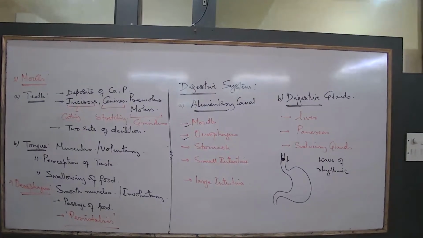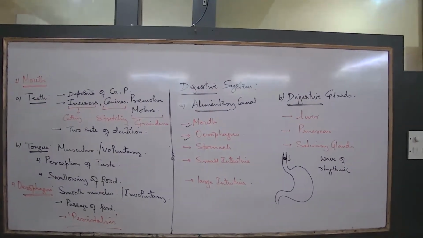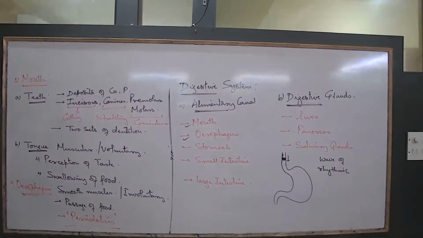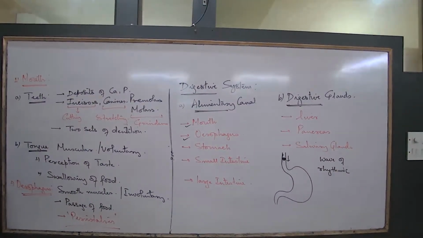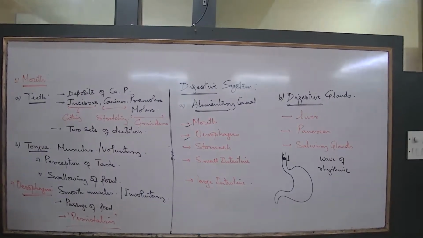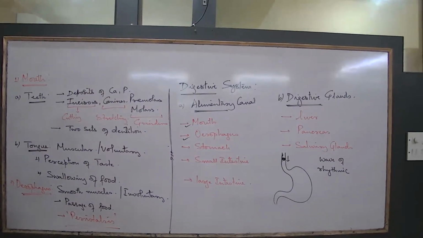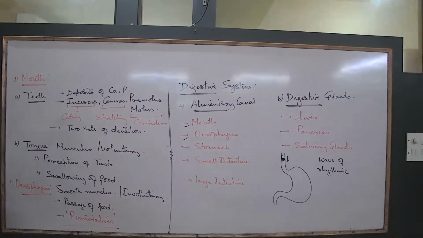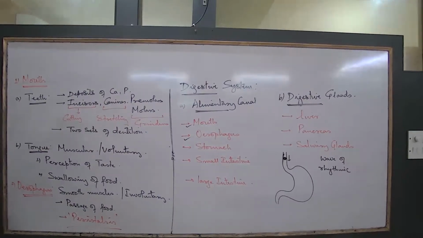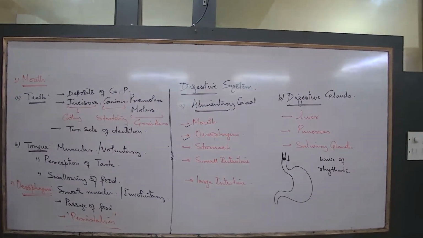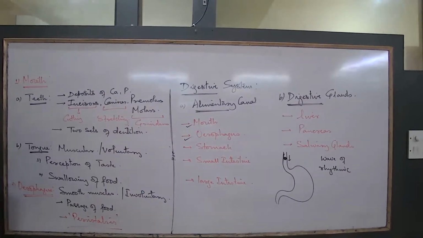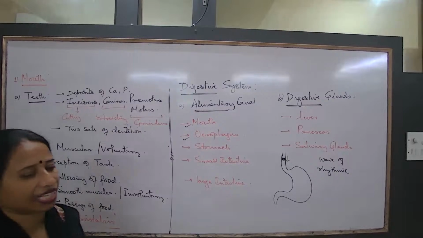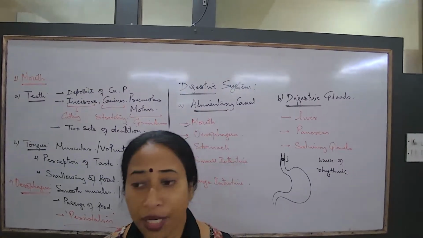Peristalsis is a wave of rhythmic, meaning a continuous flow, contraction and relaxation of the walls of the alimentary canal.